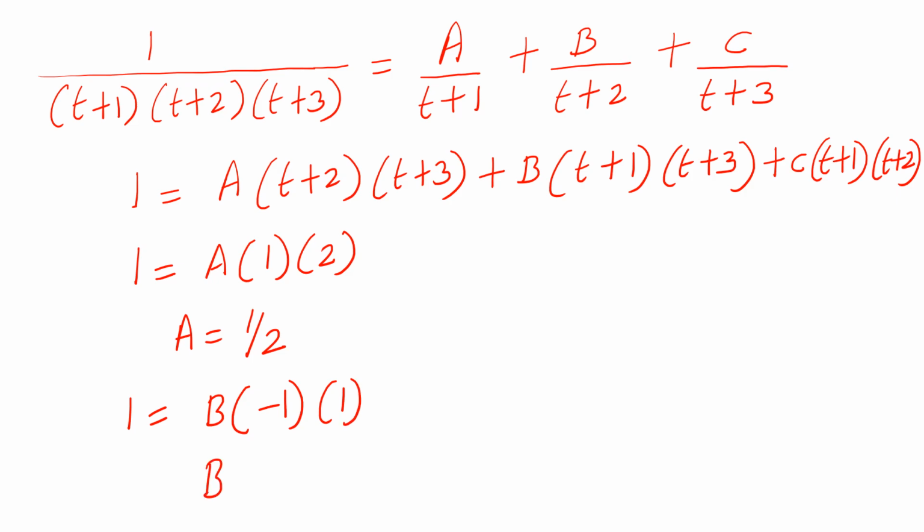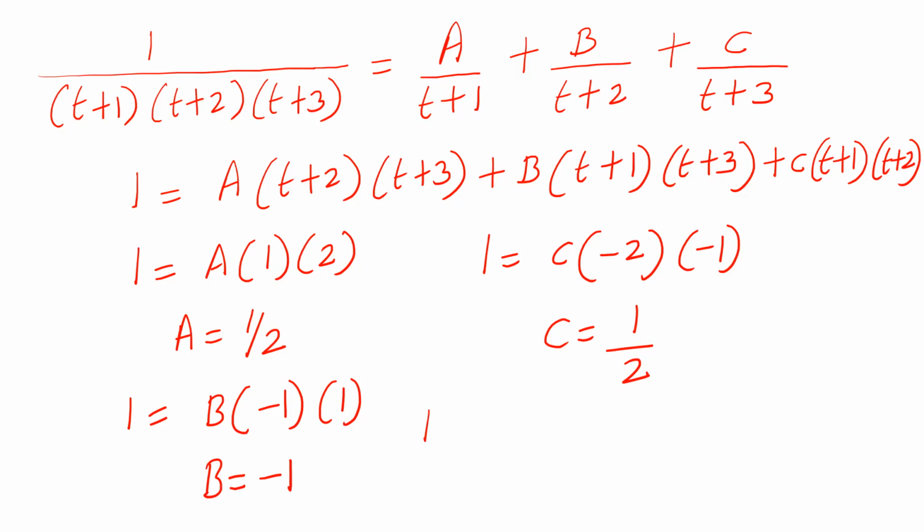That means b is equal to minus 1. And if I put t equal to minus 3 on both sides of this equation, I get 1 equal to c into minus 2 into minus 1. This means c is equal to 1 upon 2.